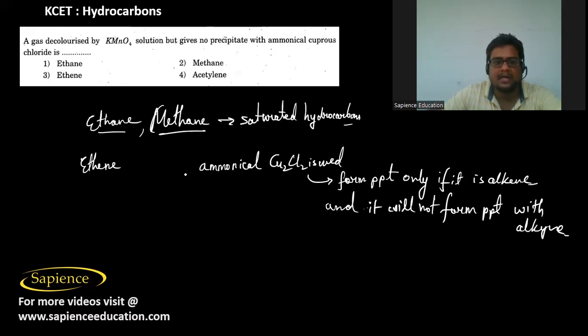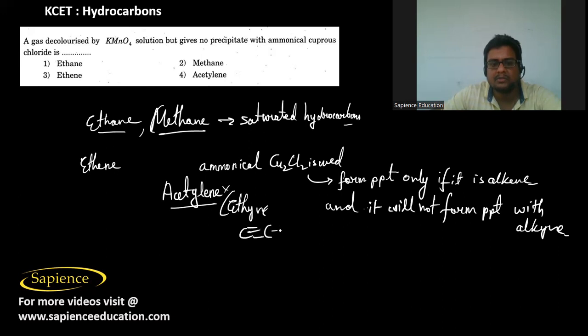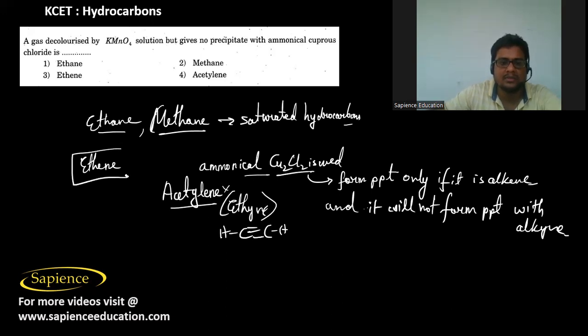So it means that acetylene should not be the gas, since acetylene means ethyne. It has a triple bond, so it is an alkyne, and it will react with ammoniacal cuprous chloride. So the only answer should be ethene.